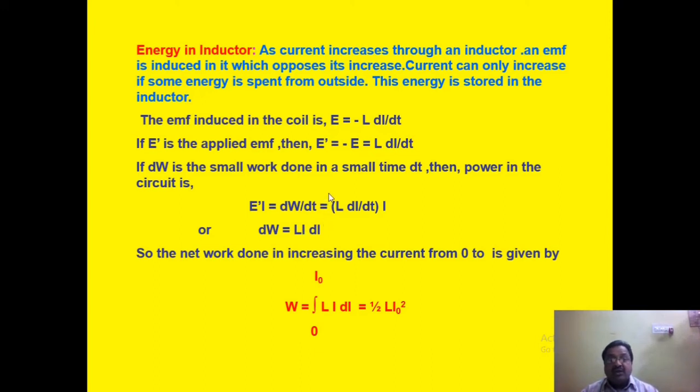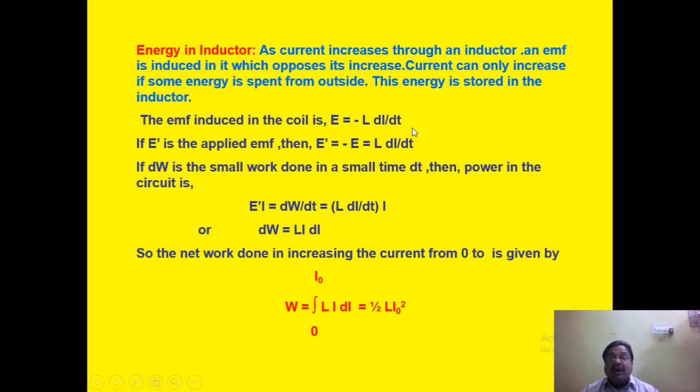To increase current through an inductor against the opposition of the induced EMF, some energy must be spent from outside, and that energy is stored in the inductor, which we call energy in the inductor, as per the law of conservation of energy.